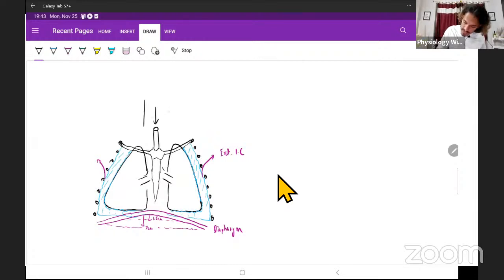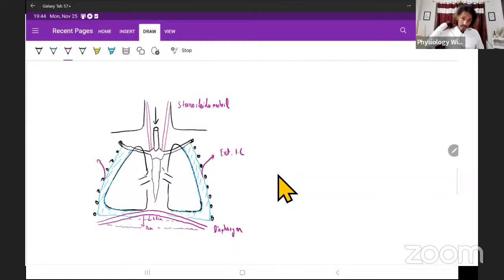So this is a person. Then there is a particular muscle which is here called the sternocleidomastoid. The sternocleidomastoid muscle.